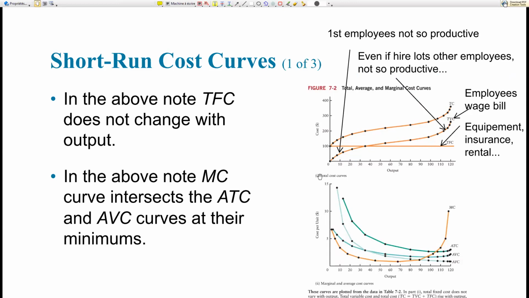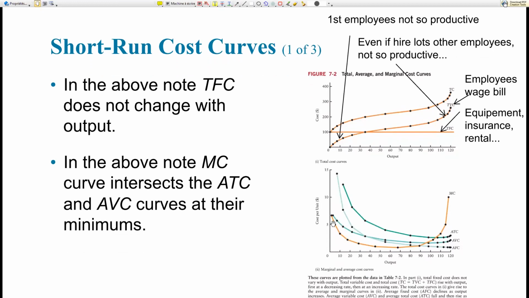Now, what is the second graph here? Well, it's per unit, so divided by quantity, divided by output. So you divide these curves by the output here. And what do you get? Let's start with these two curves here, and let's start with that blue one. Average fixed cost. Why is the average fixed cost very, very high initially?